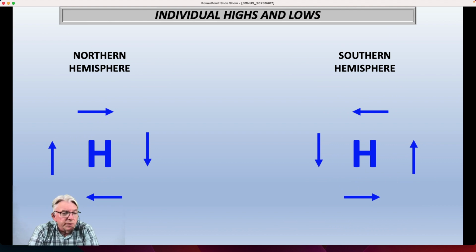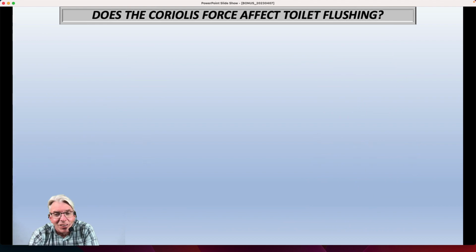In the northern hemisphere, they're counterclockwise. We're used to that. But believe it or not, in the southern hemisphere, around a low, it is clockwise. So everything still moves from west to east, but the way the air rotates around high and low pressure areas is exactly the opposite in the southern hemisphere as opposed to the northern hemisphere. And to be honest with you, I'm not quite sure I could get used to that. I think I'm gonna stay right where I am on that one.